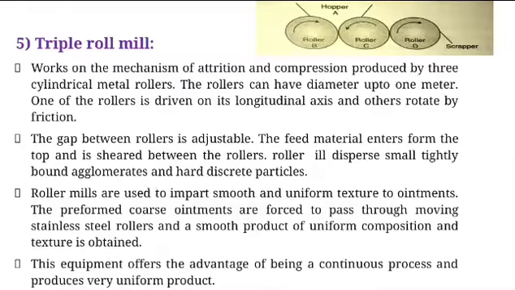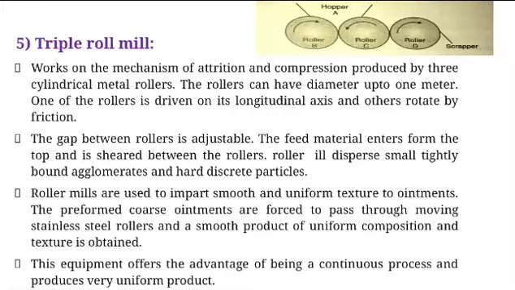Next is the triple roll mill. It works on the mechanism of attrition and compression produced by three cylindrical metal rollers. As we can see in the diagram, the rollers can have a diameter up to 1 meter.